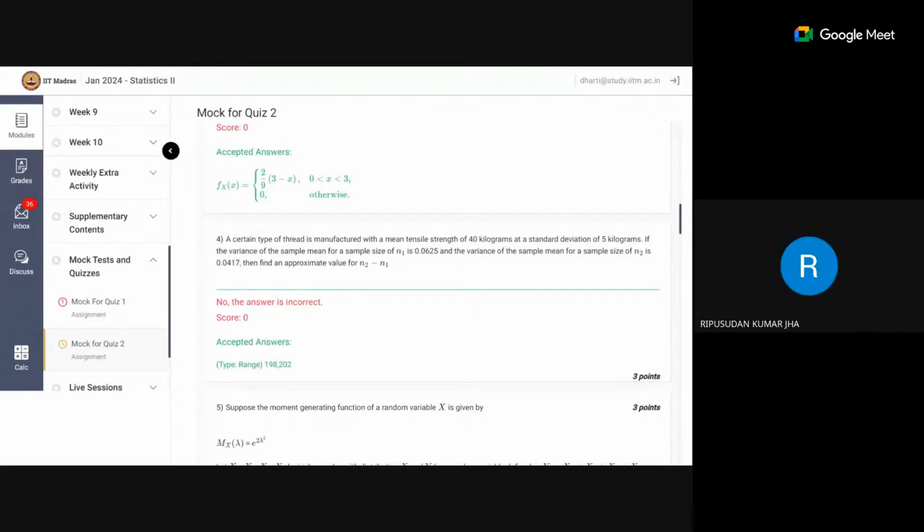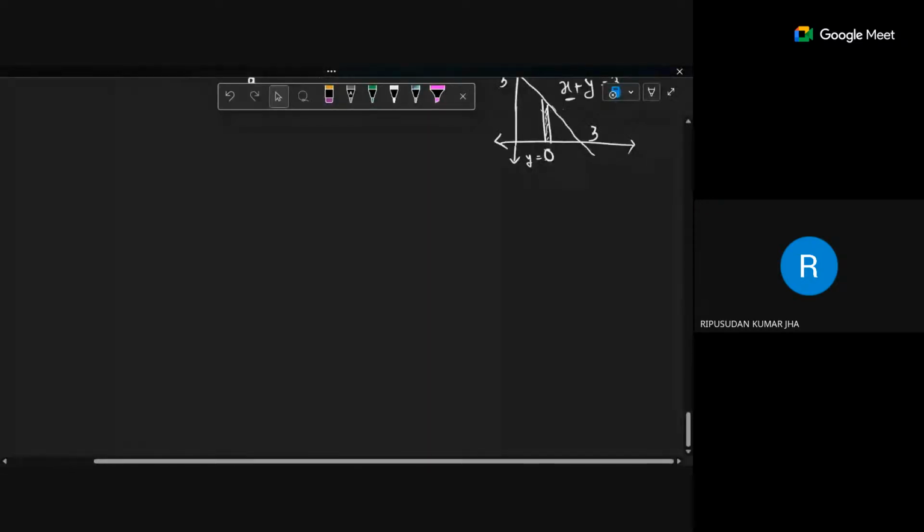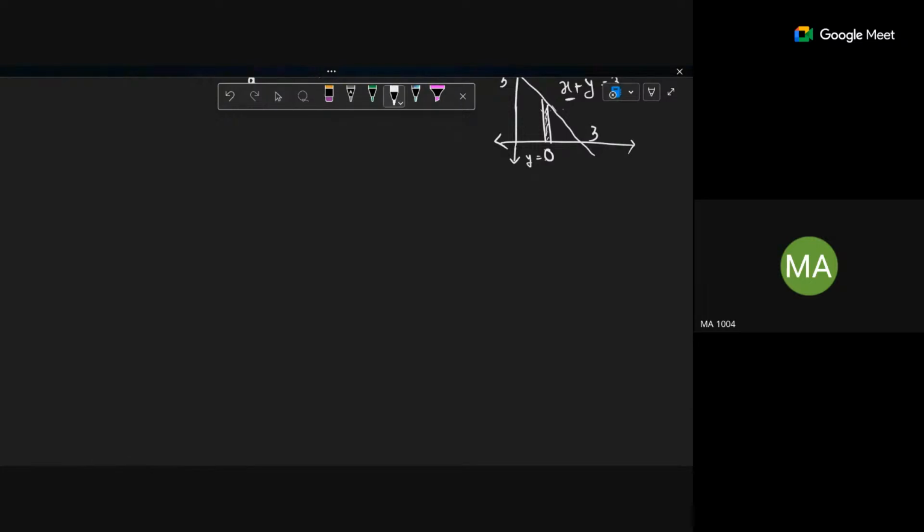We use the formula of variance for sample mean, sigma square by n. We are given the mean, mu is 40, and the standard deviation sigma is 5. The variance is 25, since it's a standard deviation only, and we square it to get the variance.